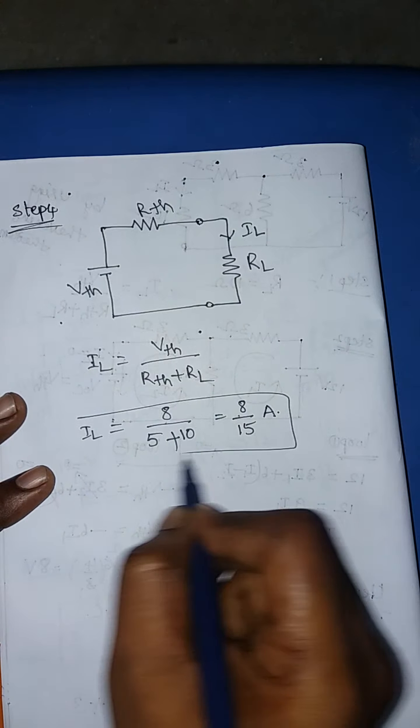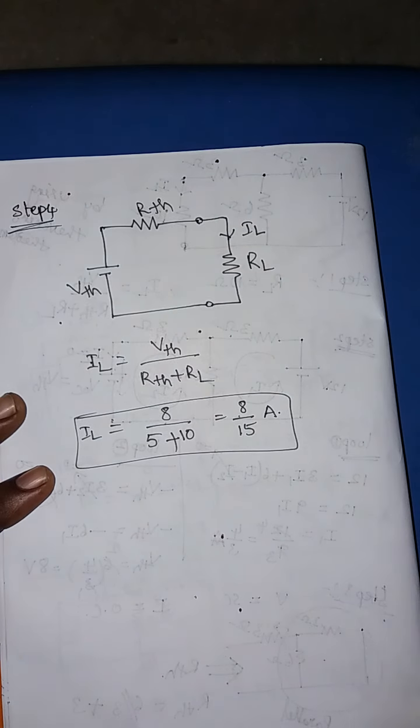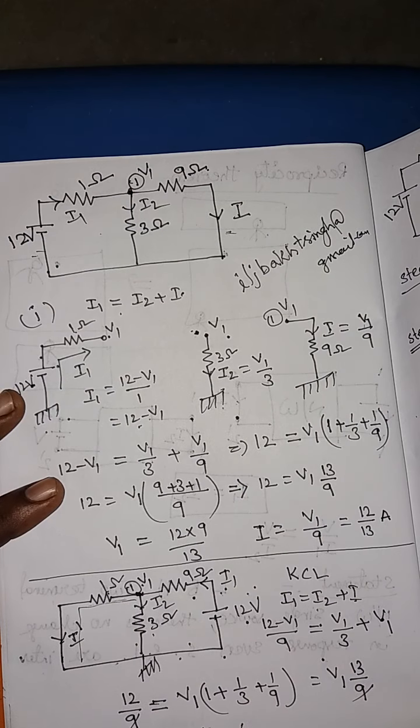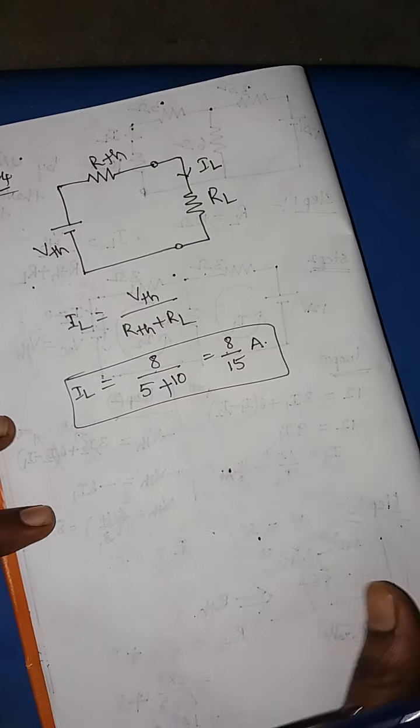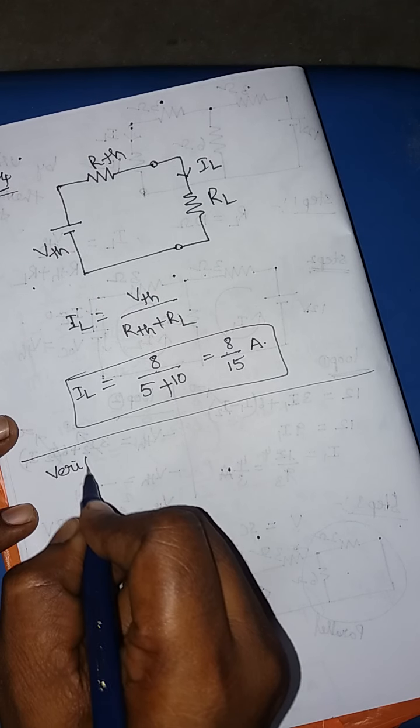So now we need to verify this answer, whether the answer we got is right or wrong. Then how do we do it? So let us consider the same network. Verification.